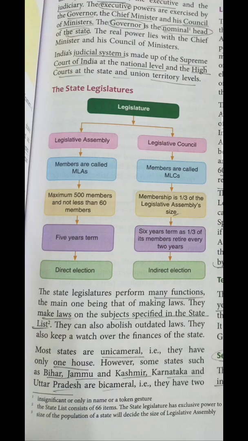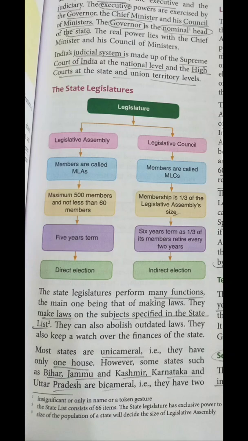And if I talk about the legislative council, its members are one third of the legislative assembly's size. The time period for the legislative assembly is 5 years, and for the legislative council it is 6 years, and one third of its members retire every 2 years.